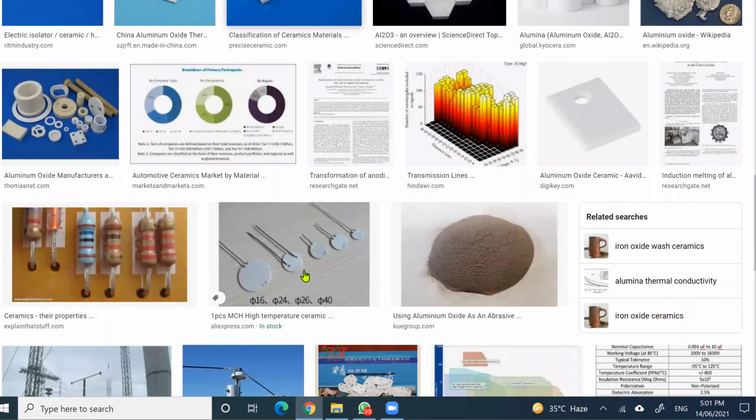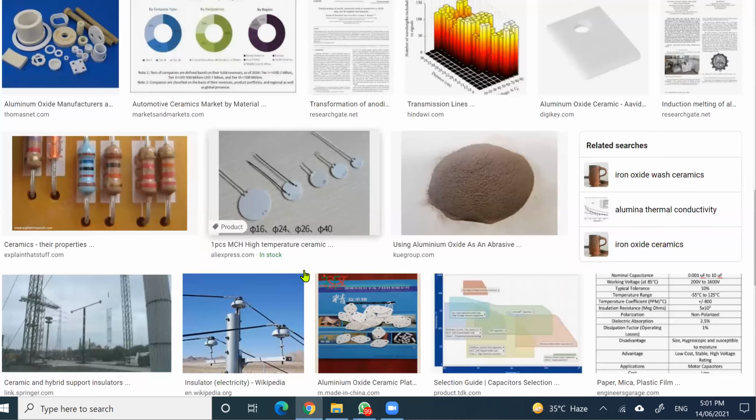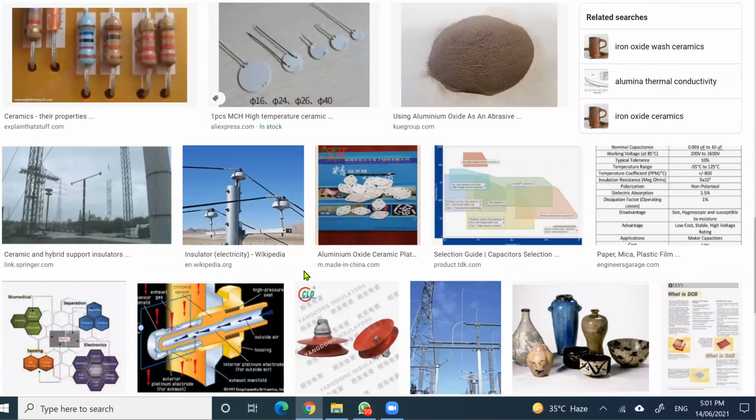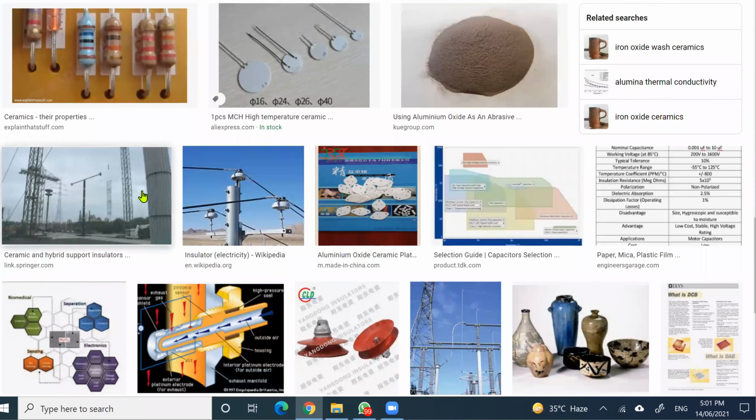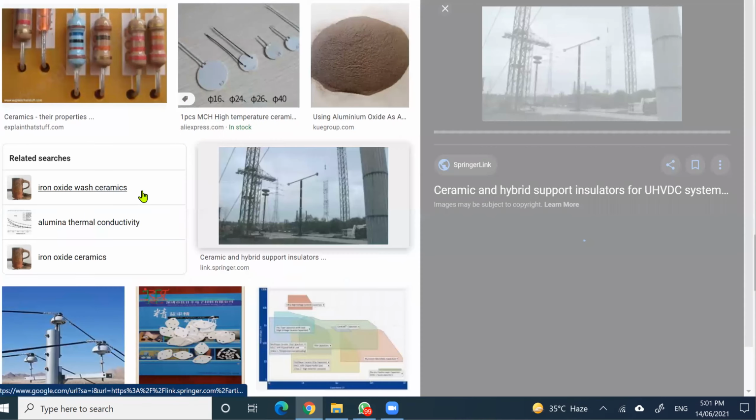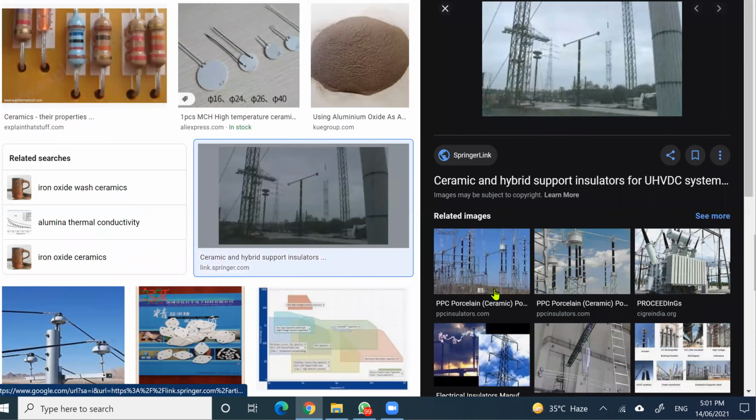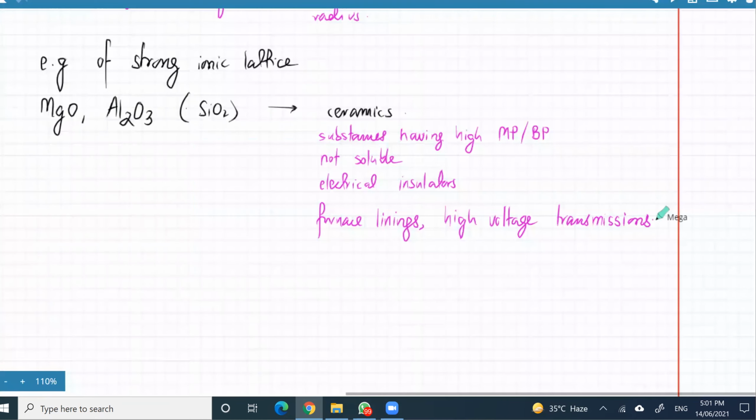Plus, for high voltage transmission, the holders of the electrical wires are made out of ceramics. Okay, is this clear? Yes.